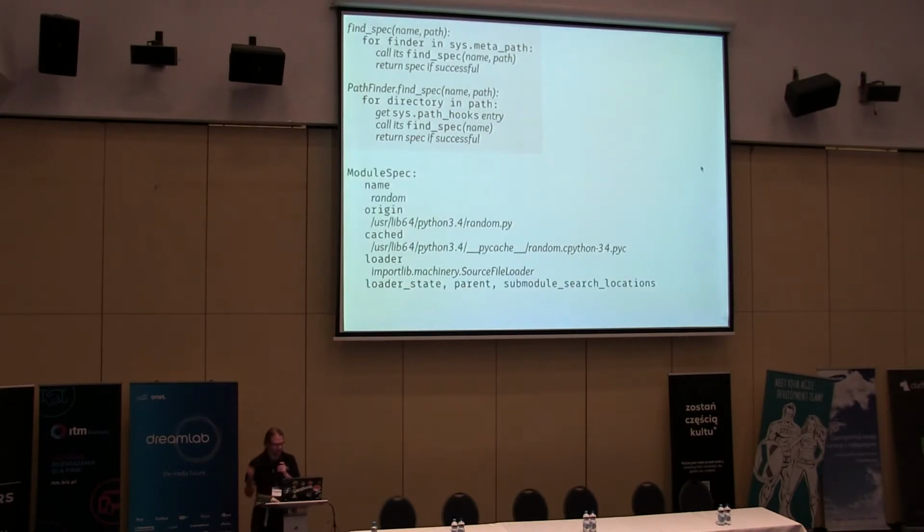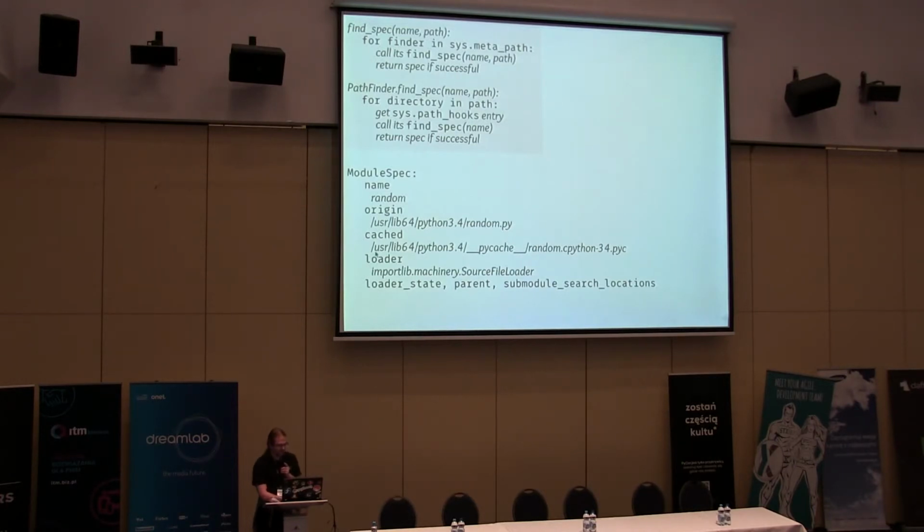Right, so now what does the find spec return? What is this module spec object that it returns? It's a very simple object. It just has attributes, which usually are just strings. It has a name, an origin, which is where to load it from.